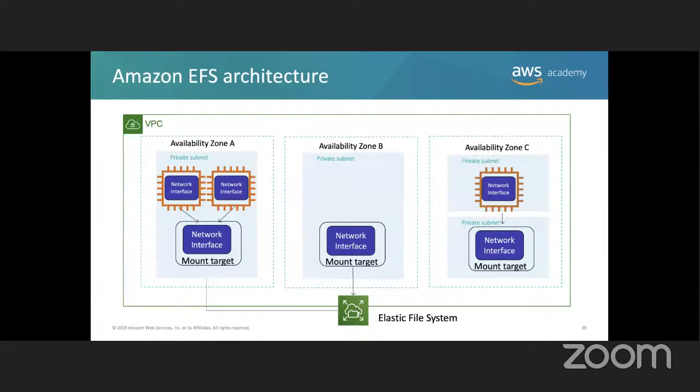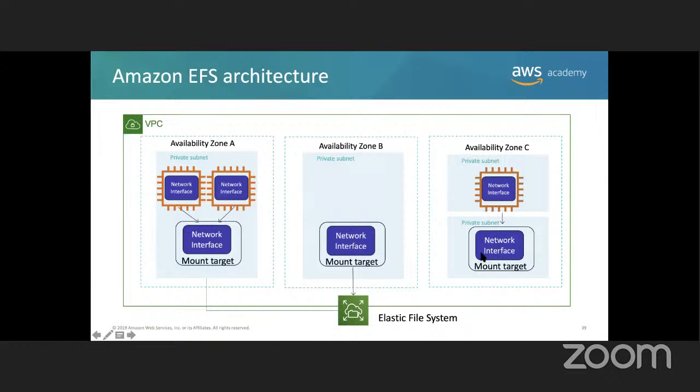So the architecture is very simple. Okay. Although it takes some steps, it's simple. It may be a little confusing, but it's simple when you think about it. Okay. So you have an EFS file system, right? And then you mount that, or you put it in a mount target, which is a network interface, right? In every availability zone. Okay.